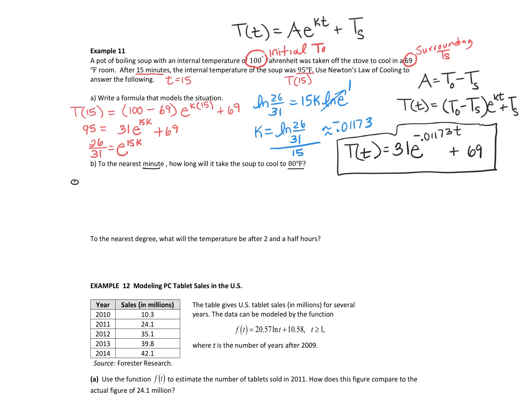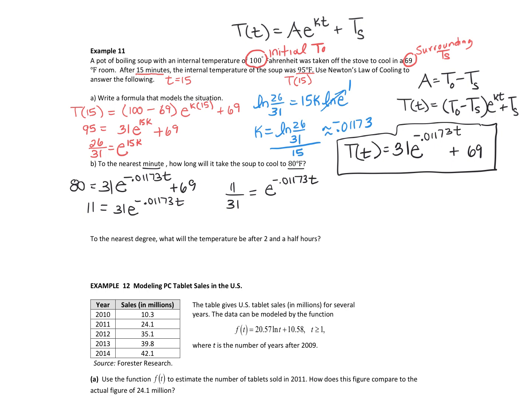So we're going to put in our 80 for our temperature at time t and solve for t. 80 equals 31 e to the negative 0.01173t plus 69. Sorry, I made a mistake there. If I subtract 69, I get 11 equals 31 e to the negative 0.01173t, and I get 11 over 31 equals e to this power.